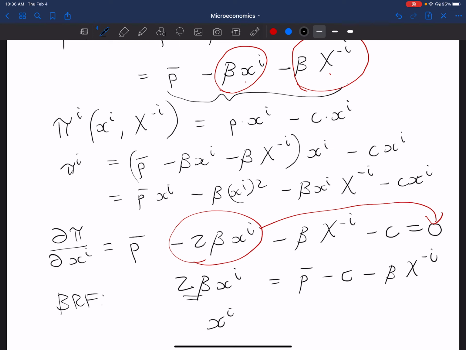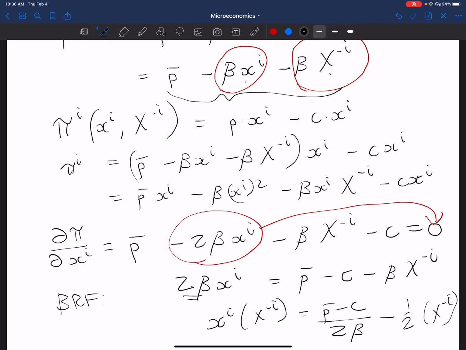So xi as a response to X minus I is equal to P bar minus c all over 2 beta, minus 1/2 X minus I.